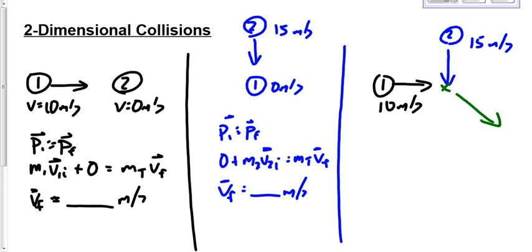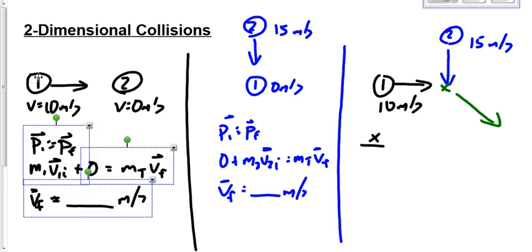How do you think you're going to analyze this? Well, we're going to break it up into components, x components and y components. The x component is going to look exactly like this.